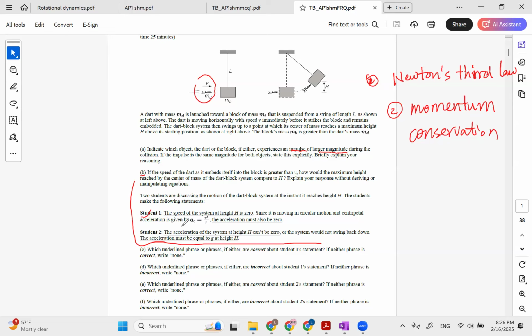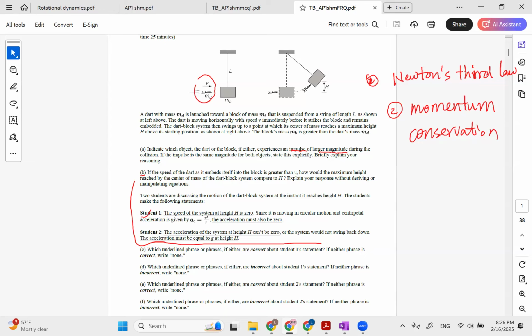Brandon, student 1, which statement is correct? The speed of the system at height h is 0.